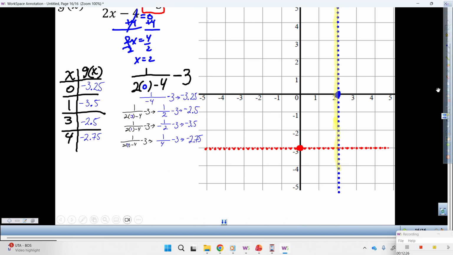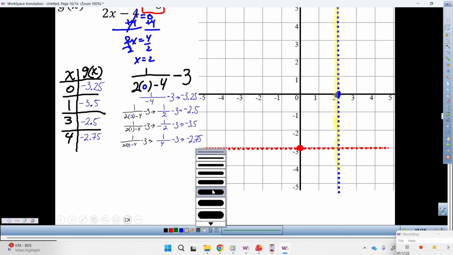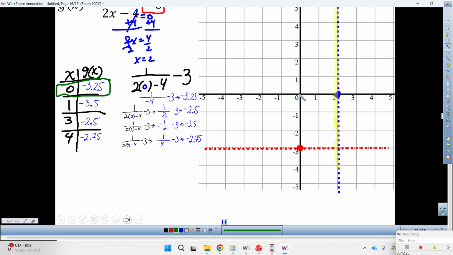Let's graph. I'm going to switch to green. So I'm going to start with this coordinate. 0, negative 3.25 is right there.